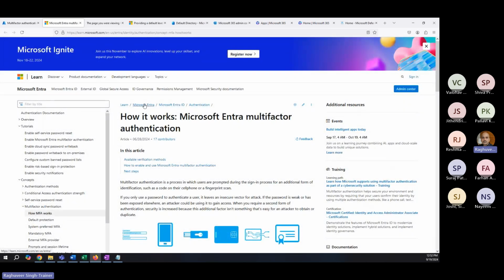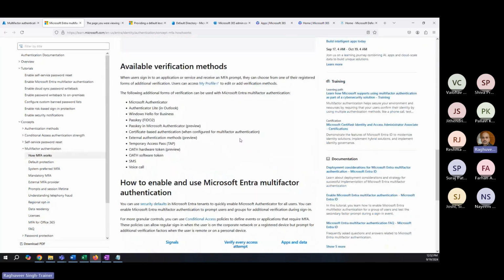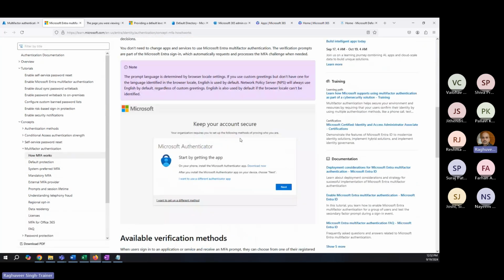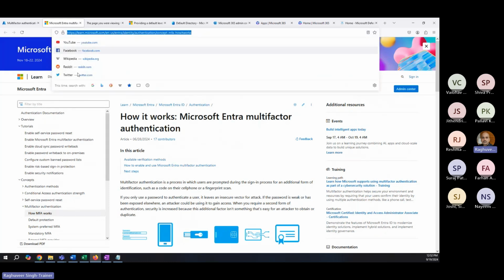In fact, you can configure conditional access policies to use multi-factor authentication to ensure that a legitimate sign-in attempt is verified or an illegitimate sign-in attempt is blocked. So that's also possible. This is the documentation that talks about Microsoft Entra multi-factor authentication. I'll share this document with you.